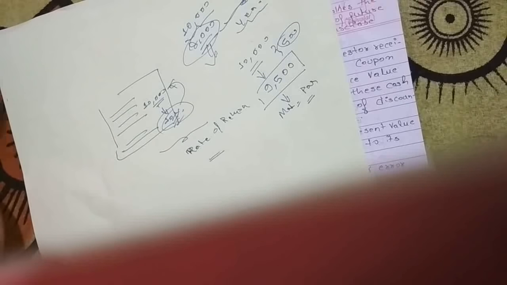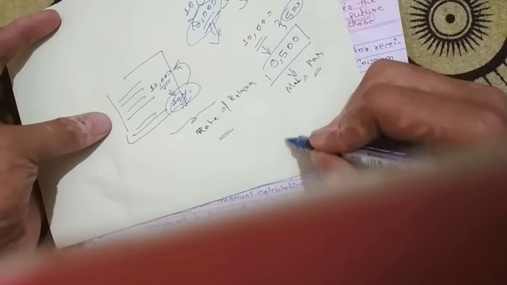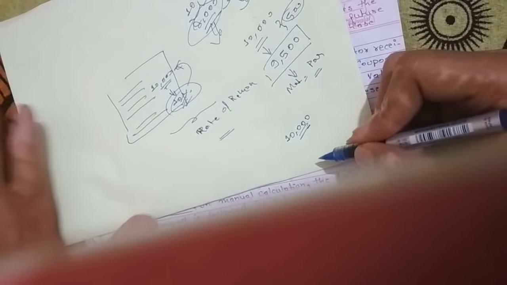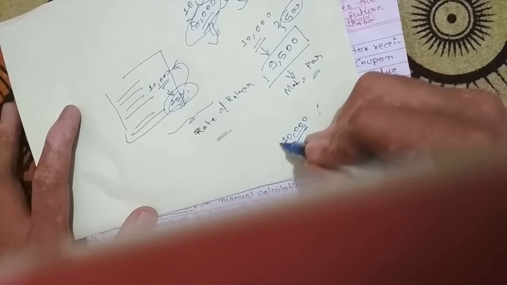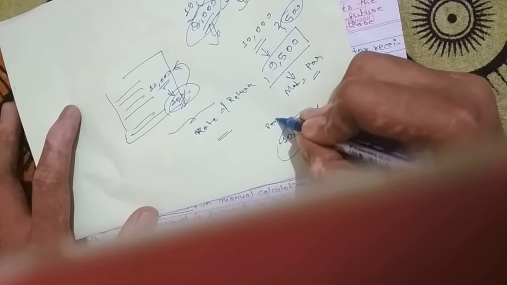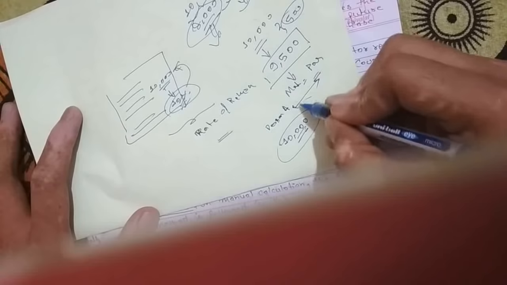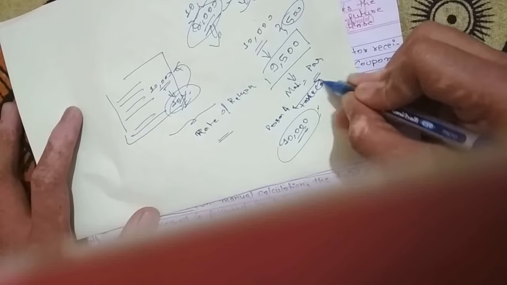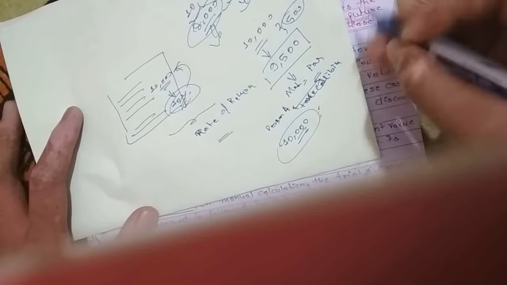What is that? This is the power given to the person whether they want to buy or not. Let's say the bond price is 10,000 rupees, and person A has this bond and takes the call option, or callability option. How can a person take the callability option? By paying some premium.